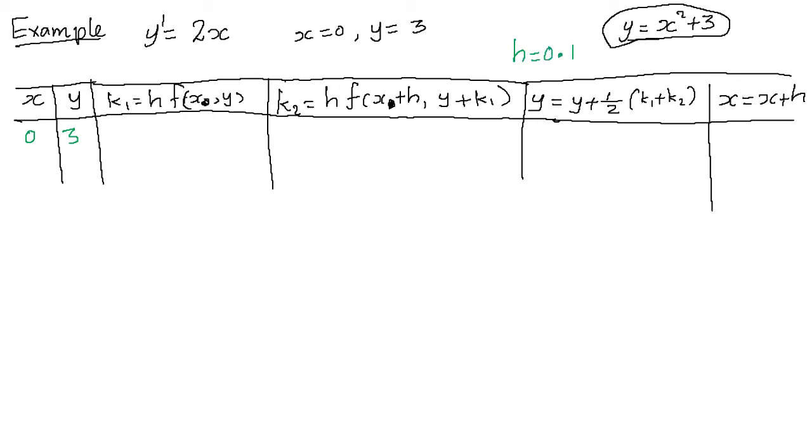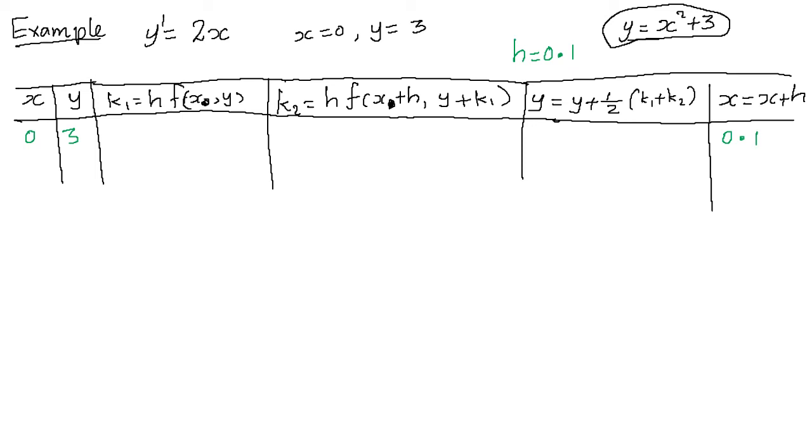Okay, so we have to travel up to 0.1. That means we need to evaluate the function at 0.1. So starting from 0, you must travel to 0.1, that means 0.1 away from the starting point. Okay, so we need to calculate the particular value of y.